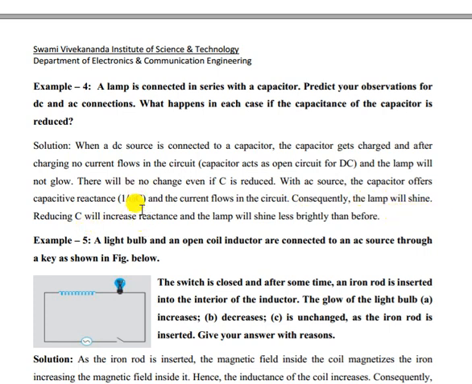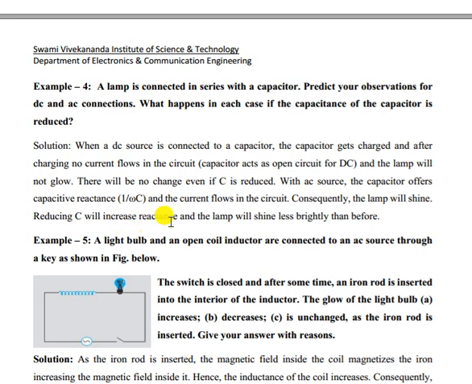Now reducing C, what will happen? In Xc equals 1 by omega C, if you increase the capacitance value, then the Xc value drops. So the reactance decreases, and the lamp will shine. Now if C increases, Xc decreases.